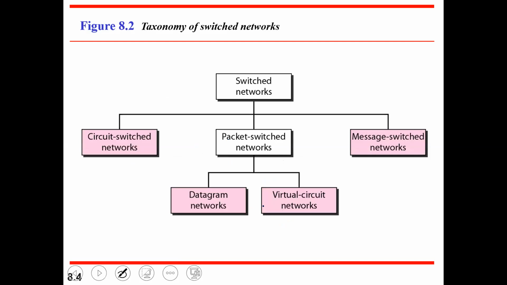Switch networks are subdivided into 3 different categories. You have circuit switch networks, packet switch networks, and message switch networks. Circuit switch networks normally work at the physical layer.